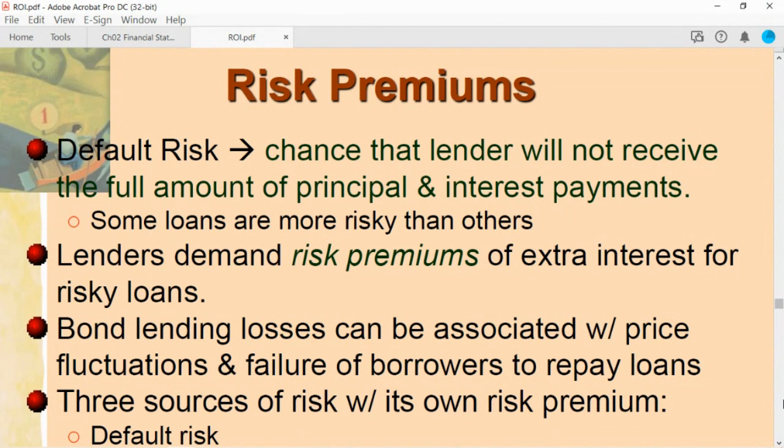And for corporations, they have triple A credit ratings, right? And as the credit rating goes down, like double A, single A, triple B, double B, and for individuals, credit score goes down, then obviously they present more risk.